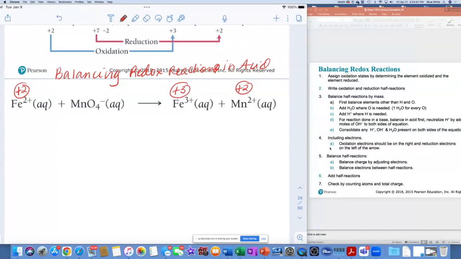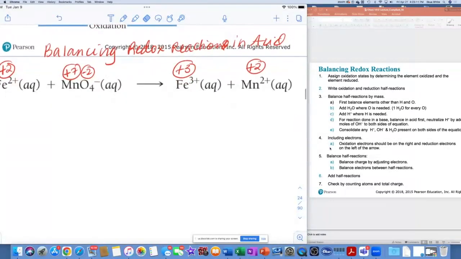So you want to do the nonmetal first, and then the metal or the central atom second. So we have 4 oxygens. Each of them is -2. And the overall charge must be -1, making Mn +7. So if you take +7 and subtract 8, you get -1. So this is going to be +7. This is going to be -2 each. And so this is what we're working with here.